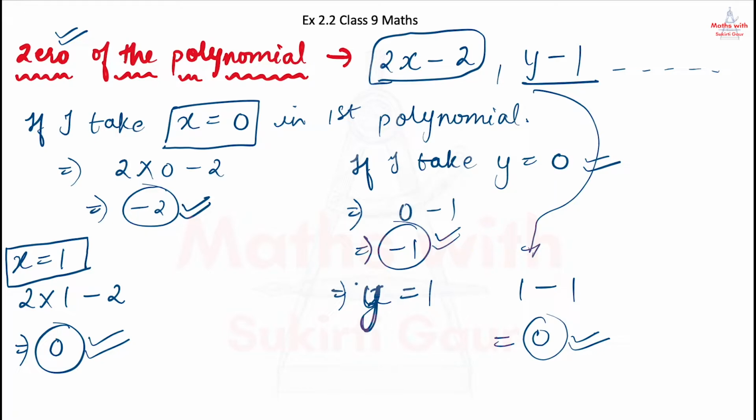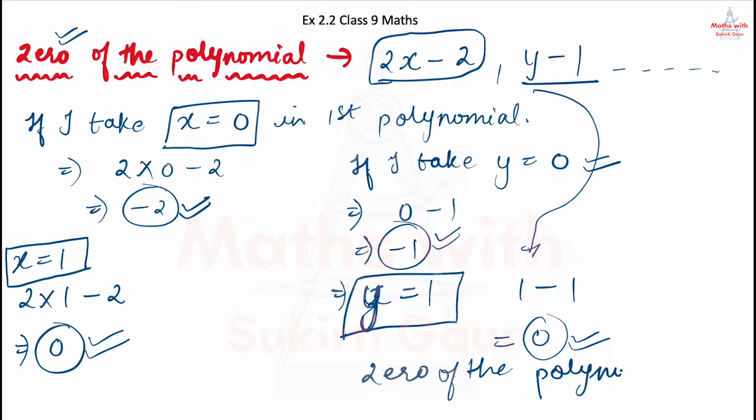So the value of y at which the polynomial gave us 0 is called the zero of the polynomial. So what is zero of the polynomial? The value of the variable at which the polynomial is giving us 0. I hope it is clear. You can go through this concept again and understand that before starting exercise 2.2.